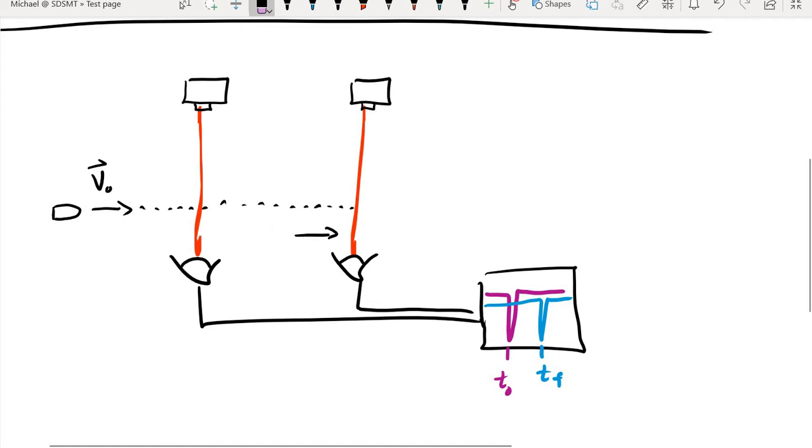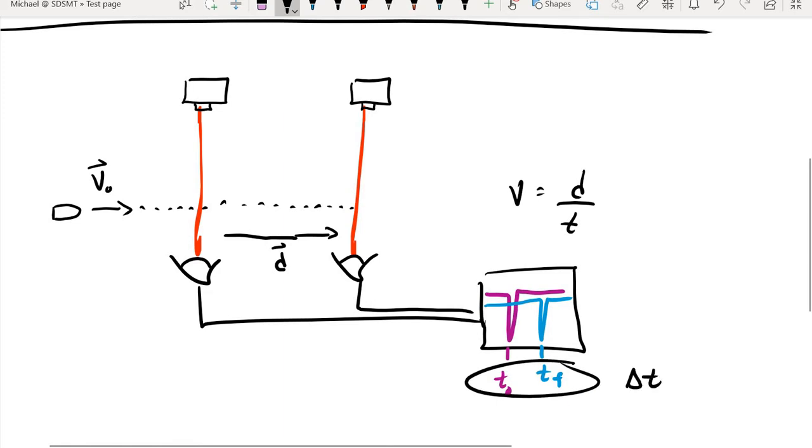In fact, I should probably draw that as a displacement vector. There we go. Our basic definition of velocity is displacement over time. And we know what the time interval is because we've had the computer taking that measure for us.